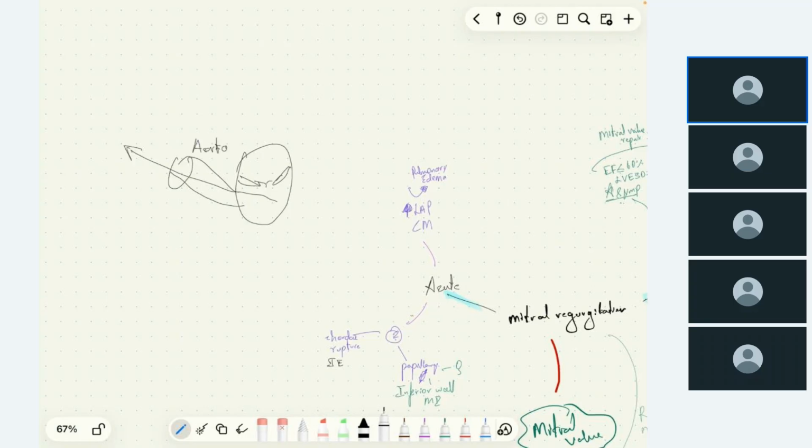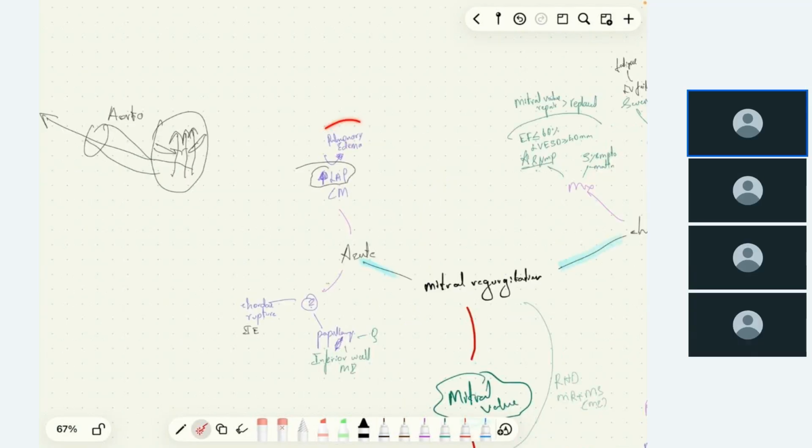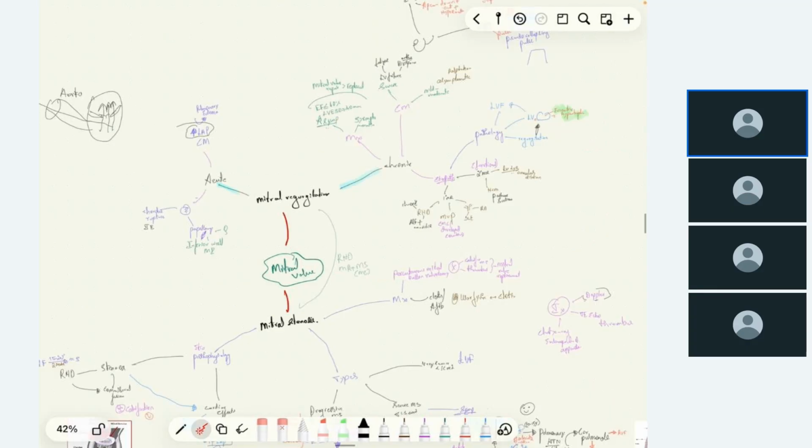In case of chorda tendineae rupture or papillary muscle rupture, during systole, there is regurgitation of blood into the left atrium. This leads on to increased left atrial pressure, leading on to back pressure and pulmonary edema. That same story which we have been doing since 2 days.